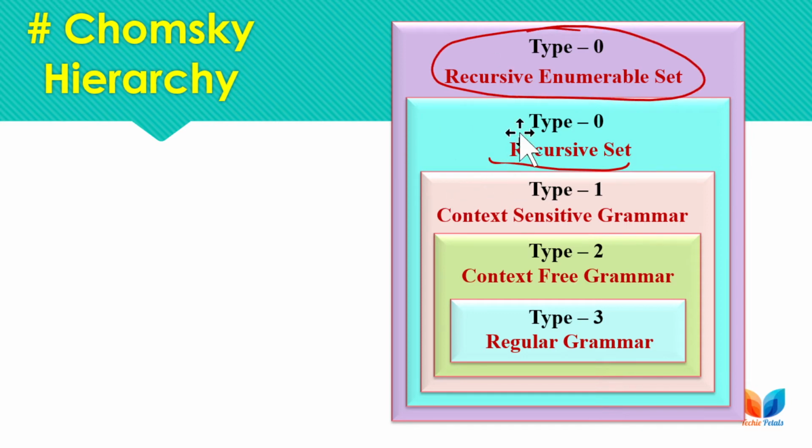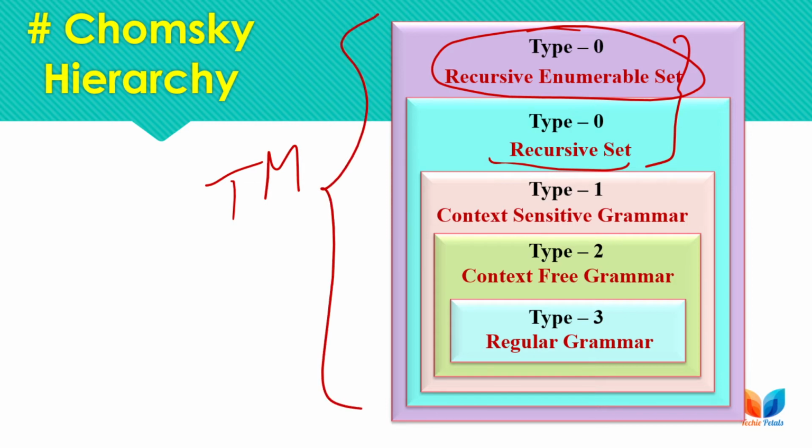Both are type 0 categories, meaning the recursively enumerable set and the recursive set both come under the type 0 language category. But we have a little bit of difference between these two categories. For all classes we can easily construct a Turing machine, but we divide them into two subcategories, the recursive set and the recursively enumerable set, depending on one basic property.